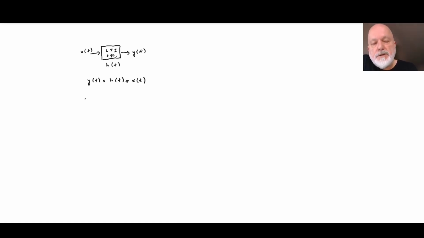If in addition the LTI system is stable, this means that h of t is absolutely integrable.